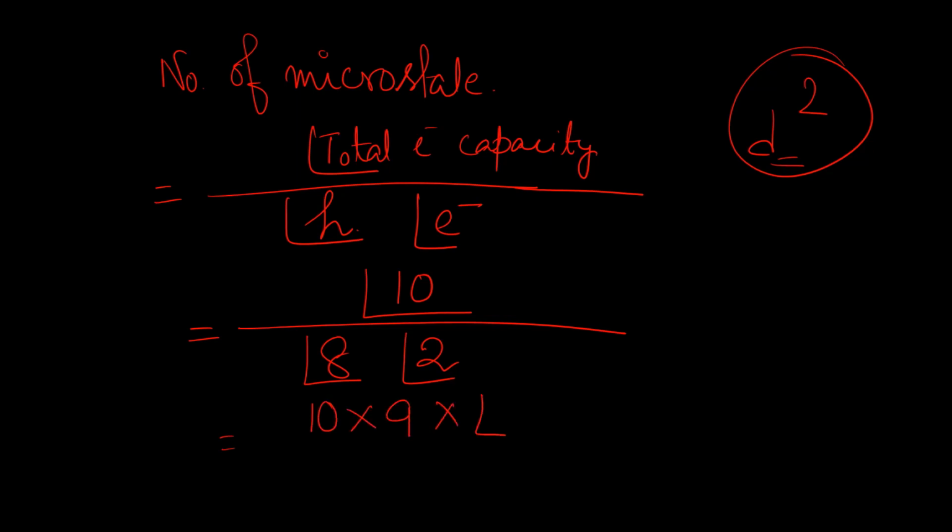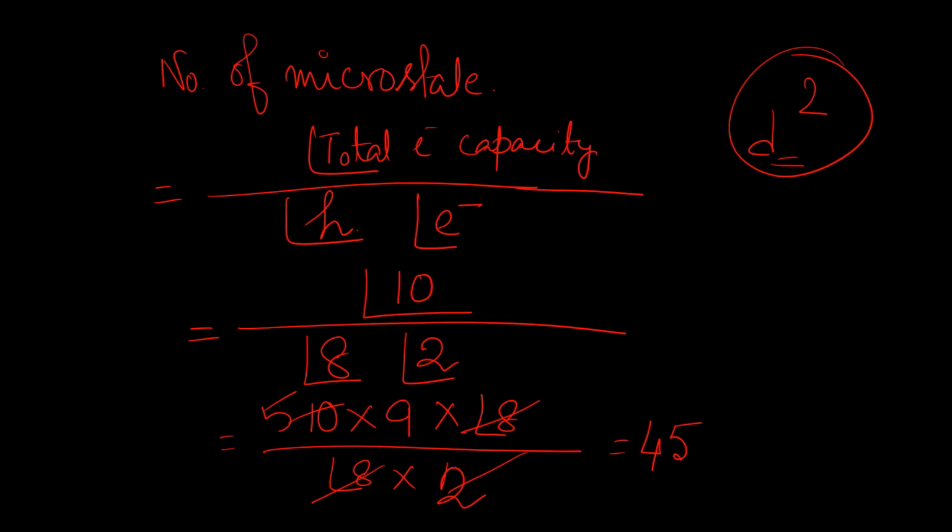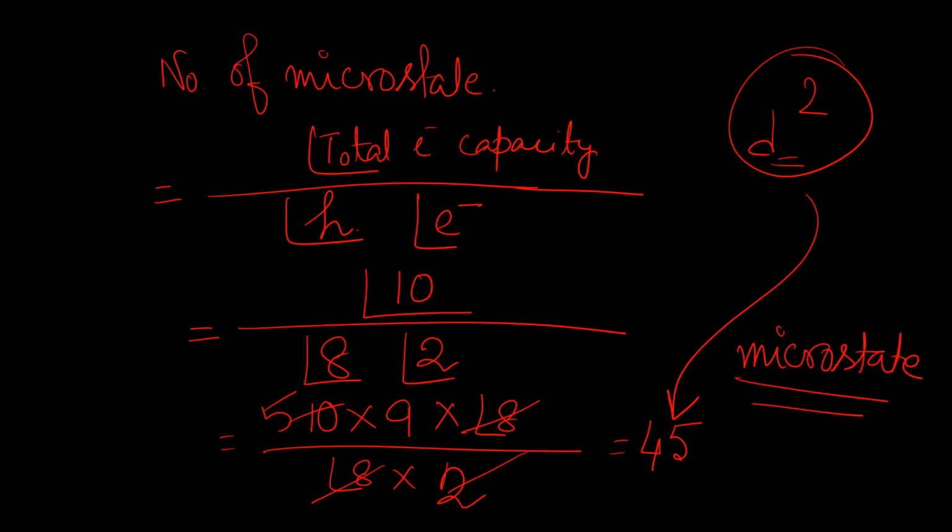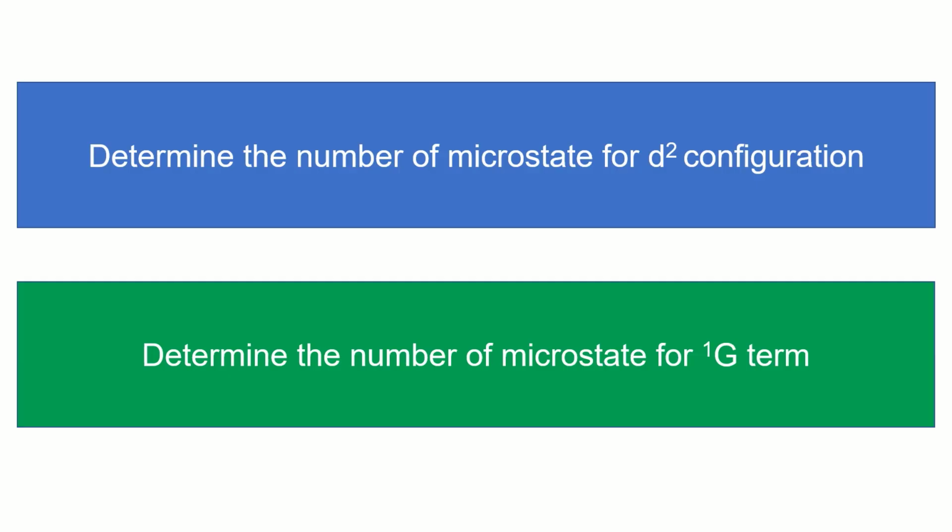You have to go for the factorial, and the value is 45. So d2 has 45 microstates. In this way you can determine the number of microstates for any orbital, with respect to the contribution of an electron in it.